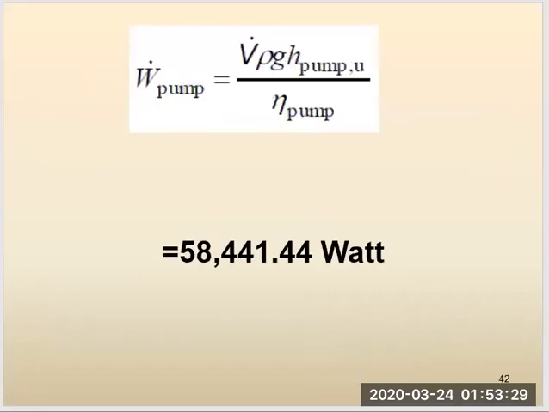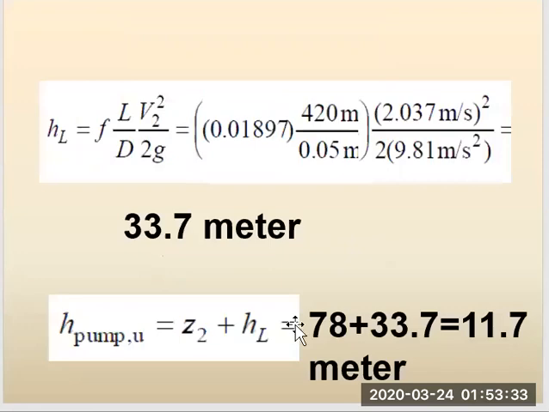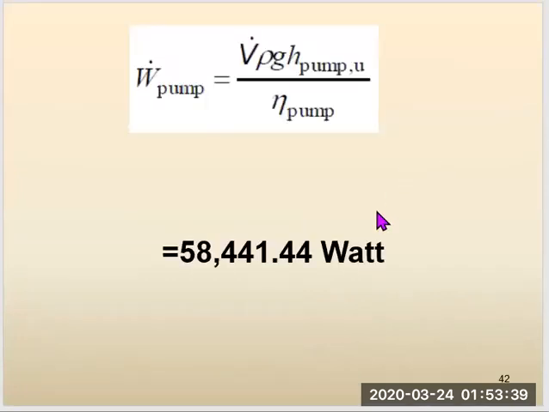Now, what is the pumping power? This is the head of the pump. If you want to calculate the pumping power, what you need to do is multiply the volumetric flow rate by rho, density, times g, times the head.